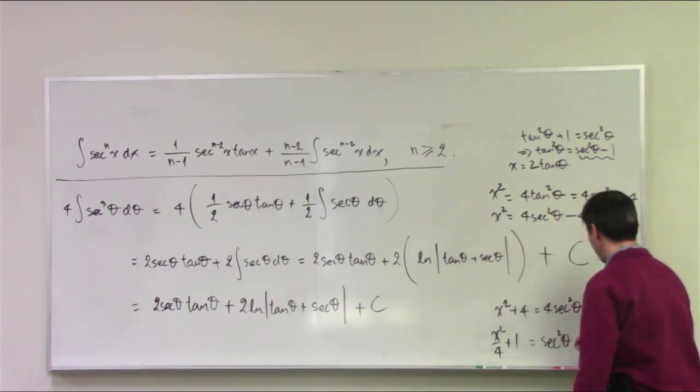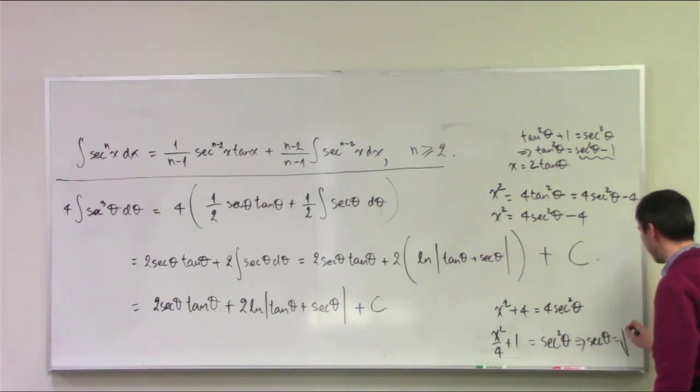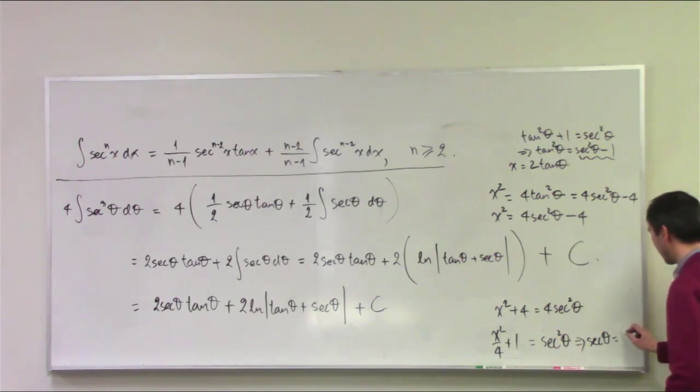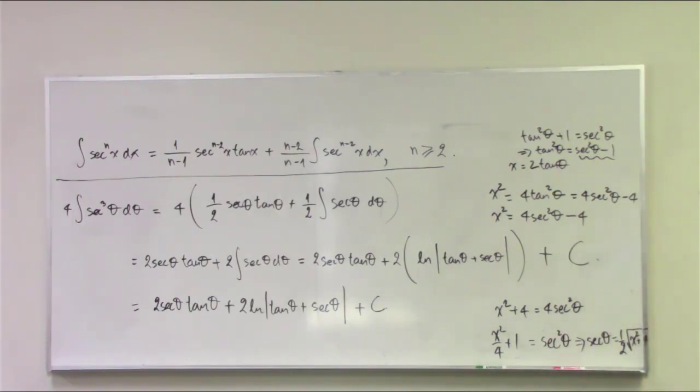So what it means now is that secant theta equals the square root of, and I could have just done a 1/2 right here, the square root of x squared plus 4. Okay, some lengthy algebra, but my only purpose is that secant theta is related to x by 1/2 square root of x squared plus 4.